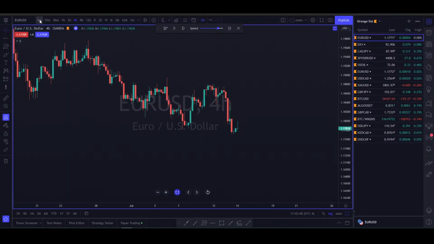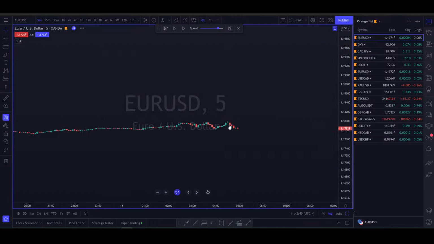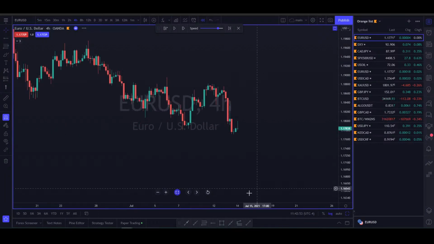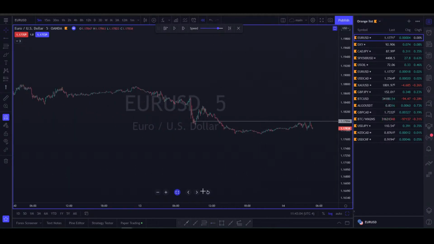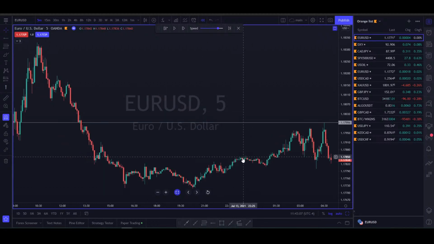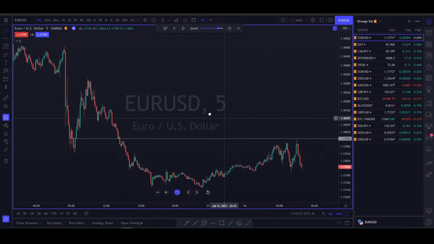So on a small time frame, let me go back to the 4-hour and outline this. So if we're watching this for entries, or we know at least that that's the 4-hour open, on a 5-minute time frame, it's going to look something like this. All right? There's our 4-hour level. You see how price traded to it, put in a little stutter step there, and then traded away from it. So this is actually the first time that price has even been up and around that level since it was put in.